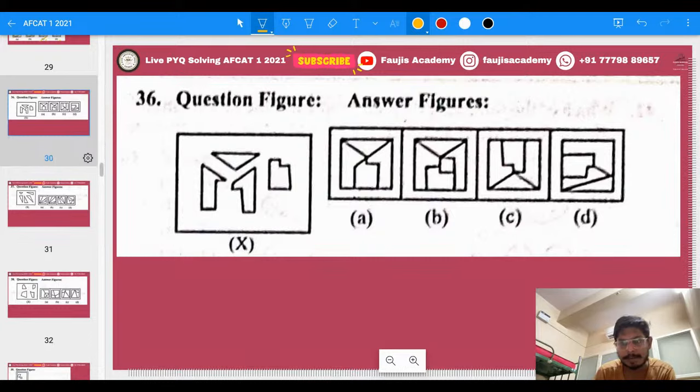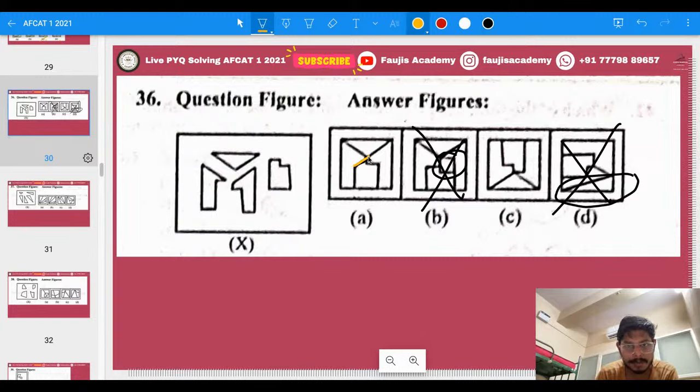For question 36, B is not the right answer, Kavita. You need to understand: do we have this anywhere? We don't have this, so B is not the answer. Do we have a triangle like this, a right angle triangle? That means D can also not be the correct answer. And if you look at A properly, we have this particular structure.